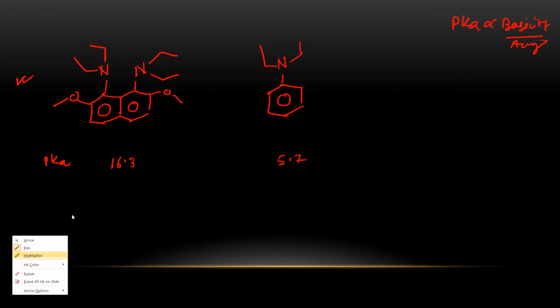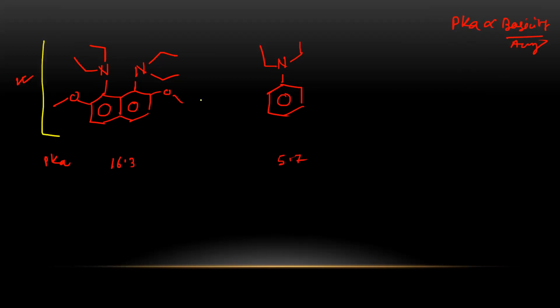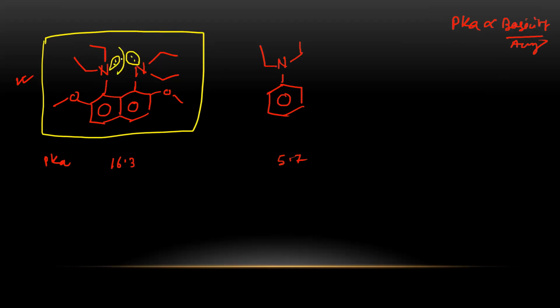Why? Not because this is a spider-like structure, but there are different reasons. The reason here is that the nitrogen has one lone pair, and there will be too much electronic repulsion.